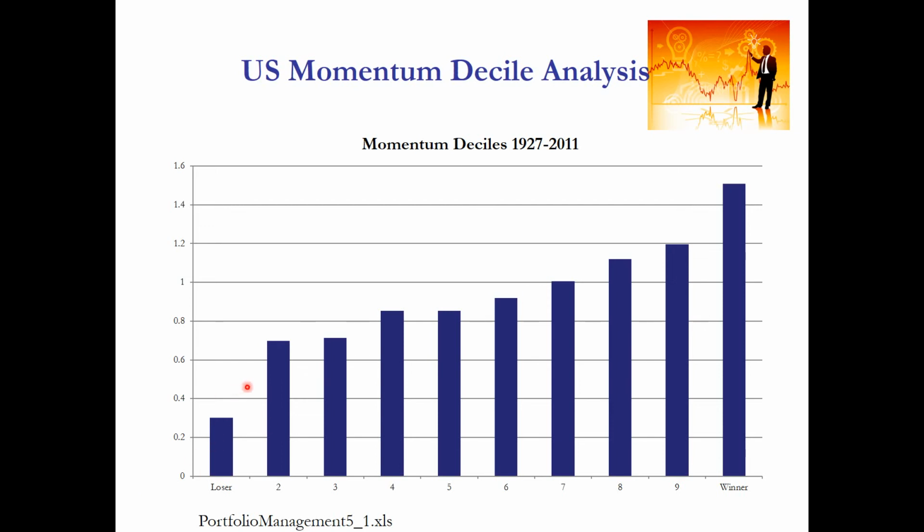And we can see that there is a monotonic increase in return as we move across deciles, and those stocks that performed best last year generate a return of about 1.5% per month over the subsequent year. So there is a huge return differential between past winners and past losers. This investment strategy where we buy past winners and sell past losers is quite profitable.